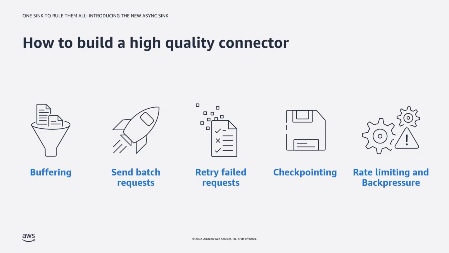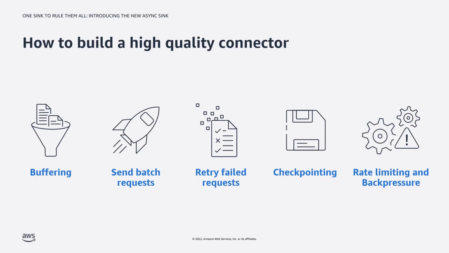Once enough messages have been collected, the sink makes a batch request, and it then needs to monitor the response for failures. Either the entire request can fail, or if you're sinking data in cloud-based systems that follow a provisioned throughput model, individual messages of a single batch request may have been throttled. So you need to have very fine-grained retry mechanisms built into the sink.